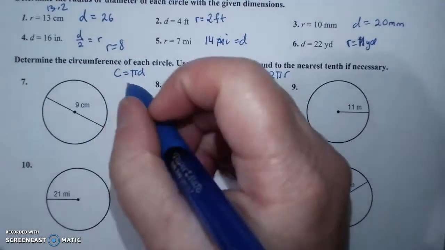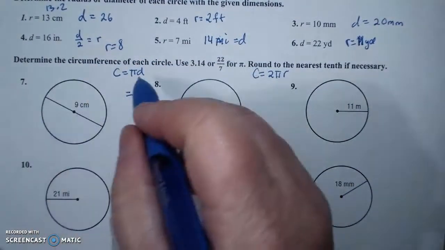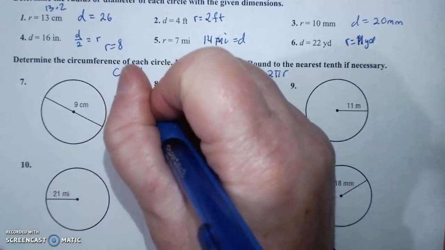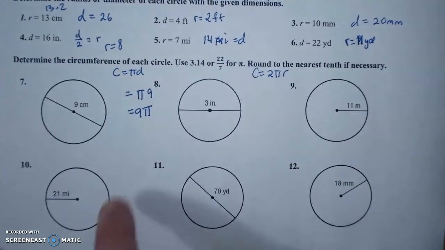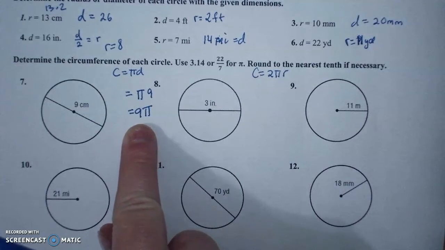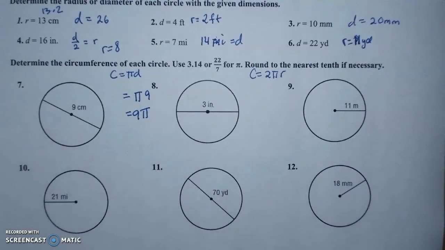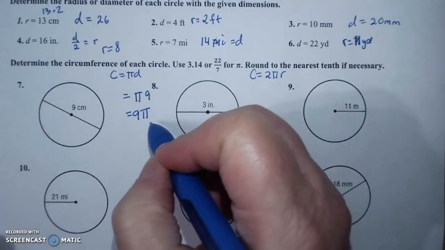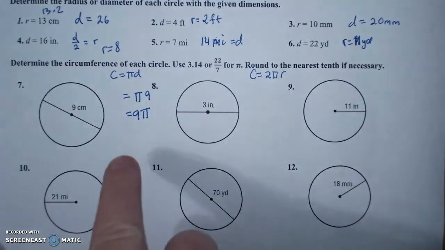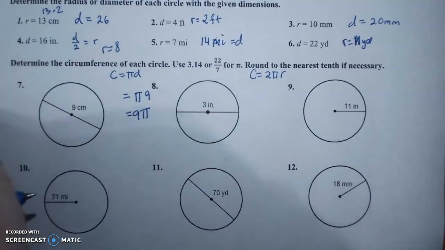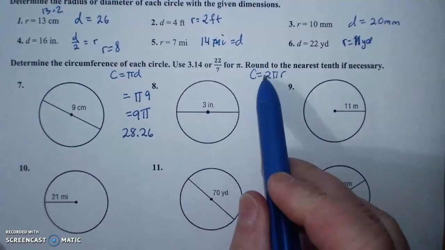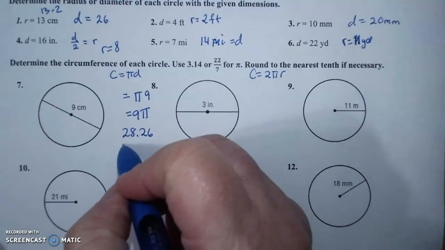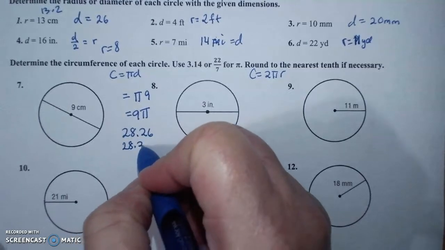If I have a diameter, I'm writing my formula, then I do pi times 9, and 9 pi is how it would be written formally. And then after you do the 9 pi, notice I flipped it around, you're going to multiply 9 times 3.14 and get 28.26, round to the nearest tenth, so 28.3.